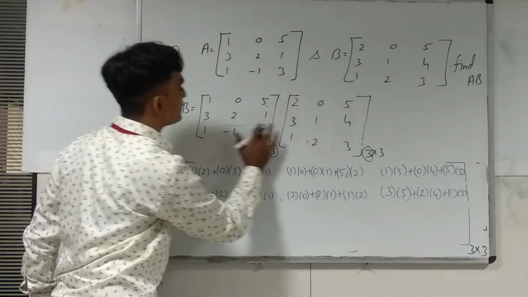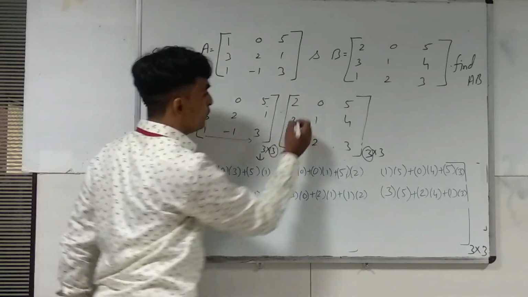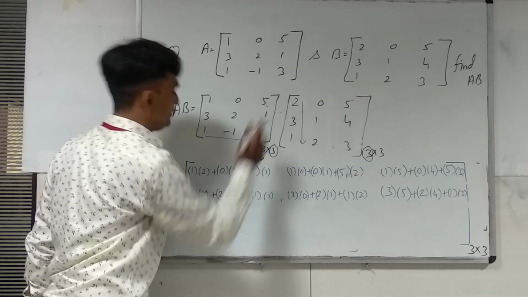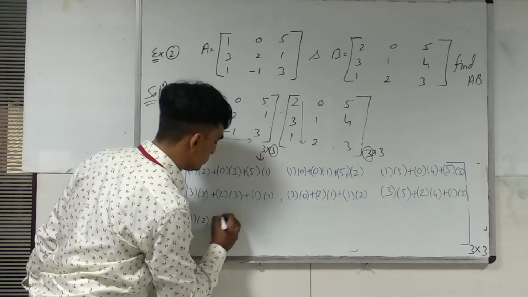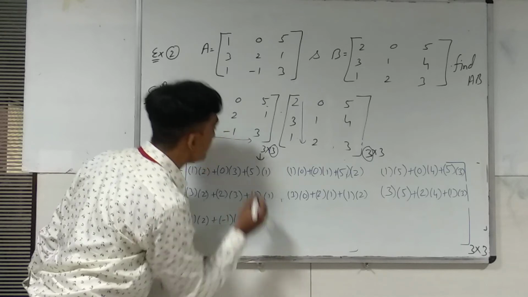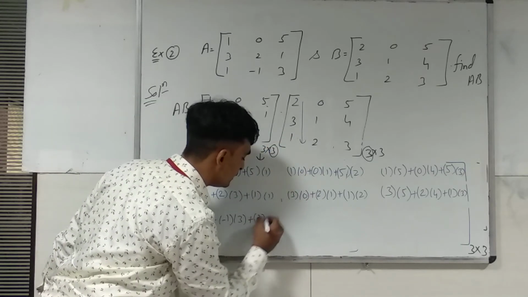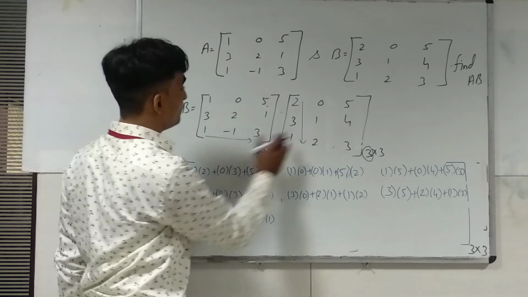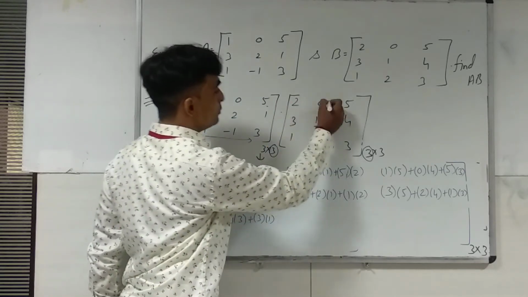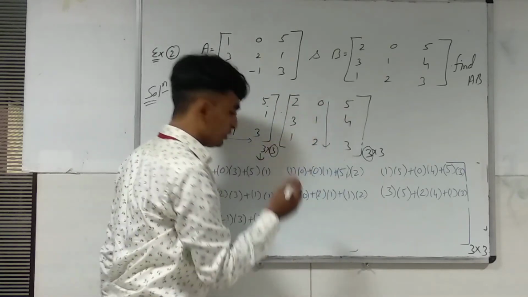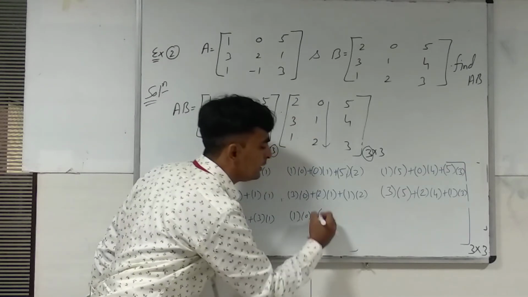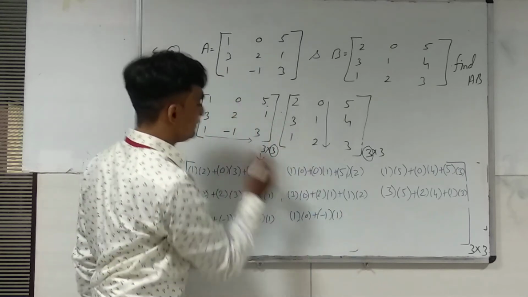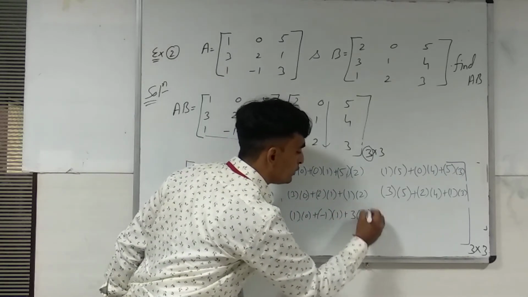Done. Control transfers to third row, first column: 1 into 2, plus minus 1 into 3, plus 3 into 1. Third row, second column: 1 into 0, plus minus 1 into 1, plus 3 into 2.